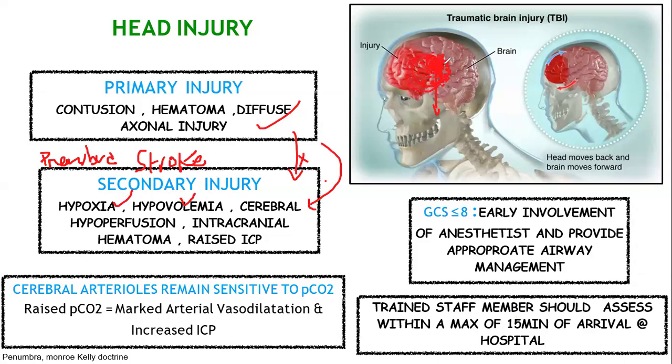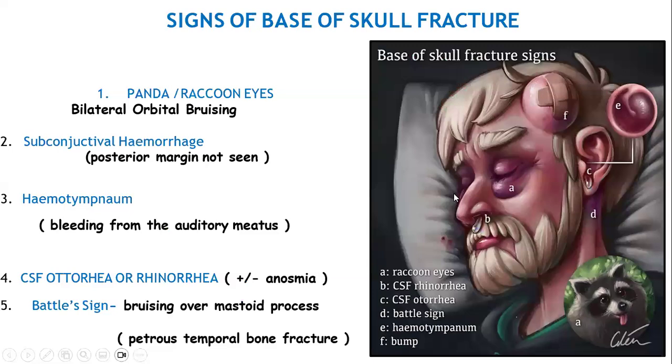This area is the penumbra. It is imminent or susceptible to get damaged, but due to your early involvement and management, you can salvage this area. So this was another term. You might study it in neurology. Okay. Signs of base of skull fracture.